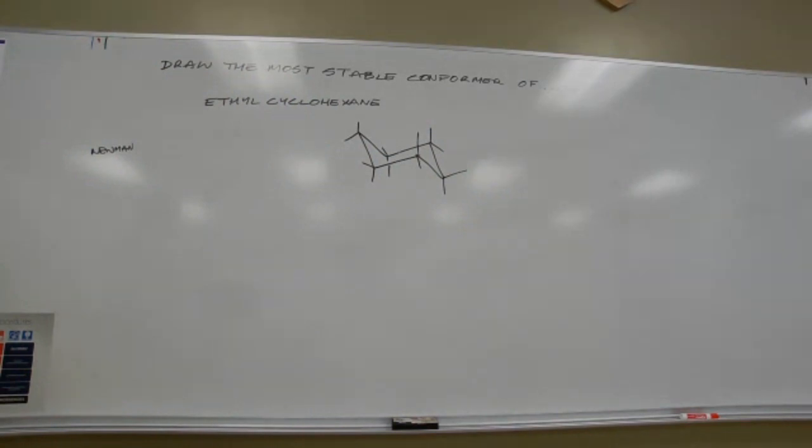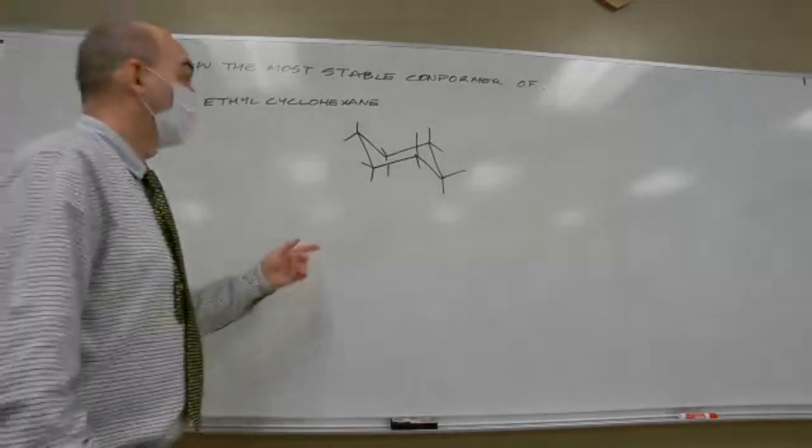We're going to need 12 substituents on this thing, 11 of which are hydrogens, and 1 is an ethyl group, C2H5.